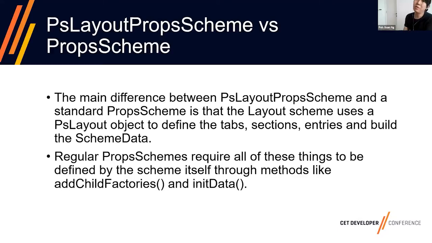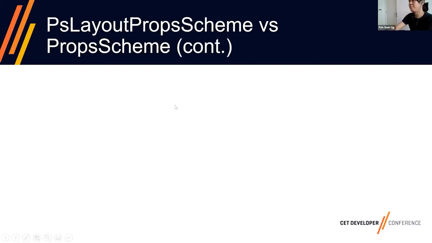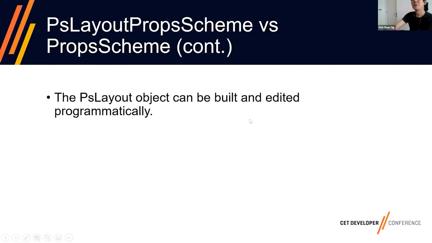And when I talk about layout, it's the same file that gets generated when you create a scheme layout in the scheme tab of the catalog creator. The layout can be built and edited programmatically.